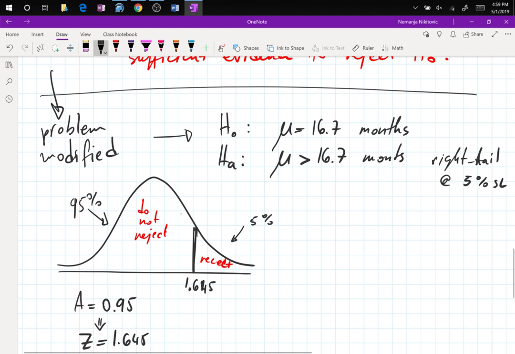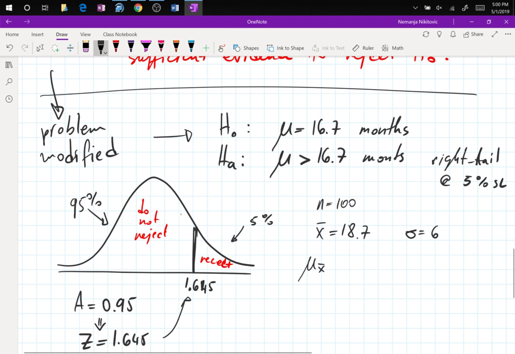So this is given by significance level. Significance level of 5% gets you this z-score, which creates the barrier between do not reject and reject regions. Then you use the specs. N is 100, X bar was 18.7, and sigma was 6. You use those specs, the parameters, to calculate the test statistic, which will fall into one of the two regions.